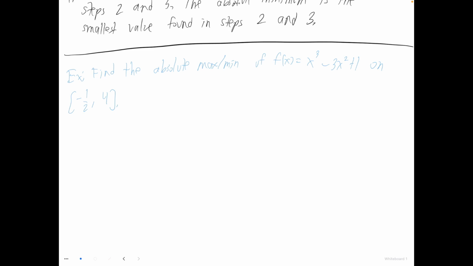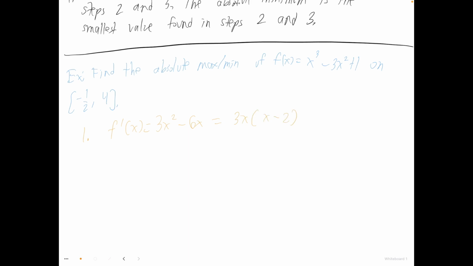So this is a polynomial, so it is continuous on -1/2 to 4. So we're just going to take the derivative and find the critical numbers to start with. And so that's step 1. We get 3x squared minus 6x plus 0. So this is 3x times x minus 2.